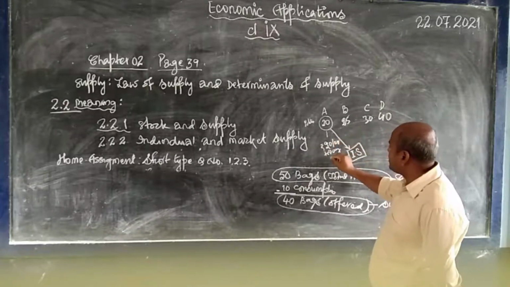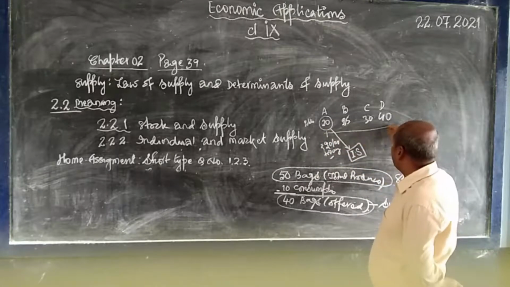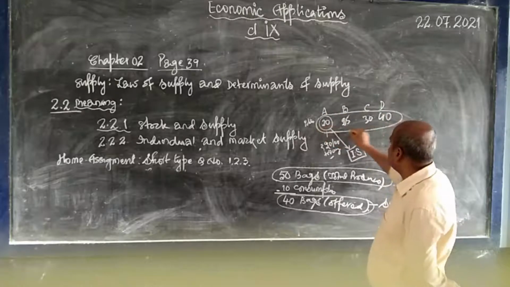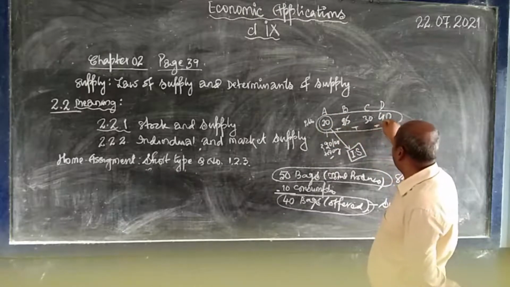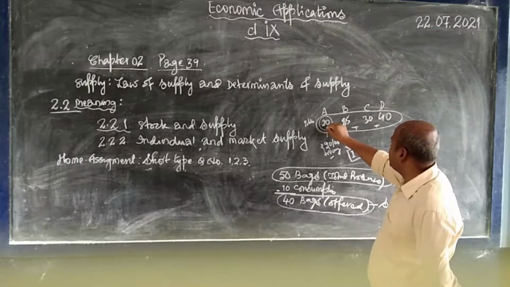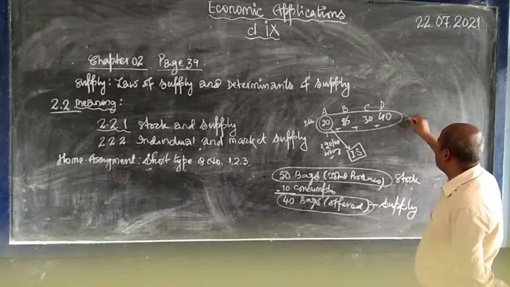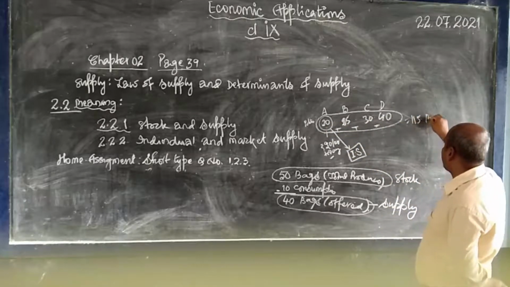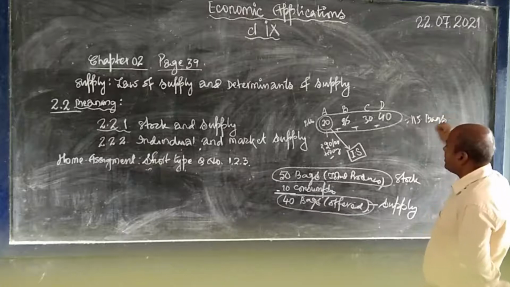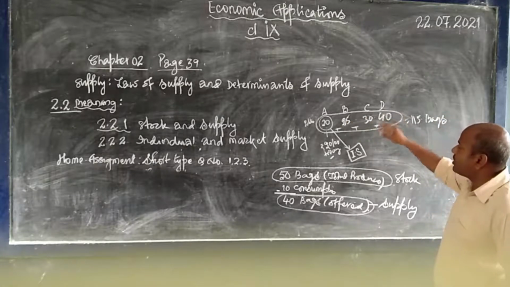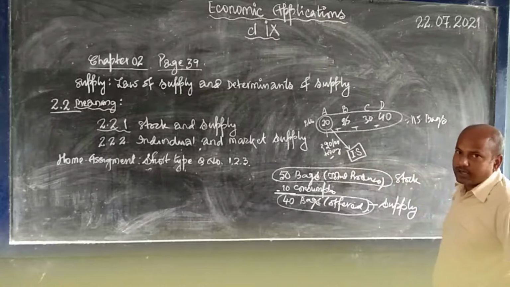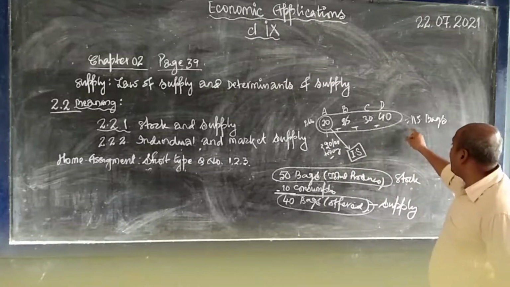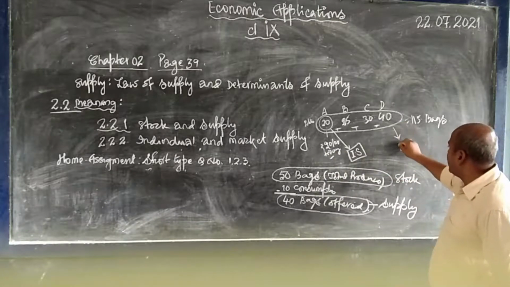Then how much will be the total supply? These all will be added. 70, 80, 90, 115 bags of potato will be supplied by these four producers today at the price of 20 rupees per kg. Then this is called market supply.